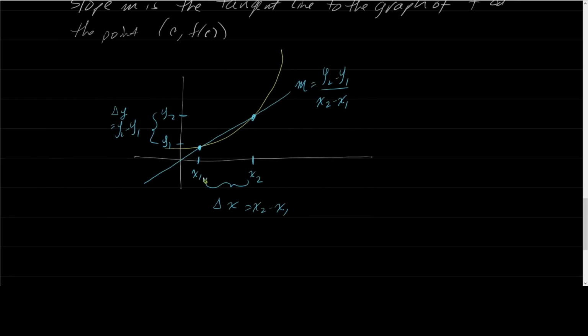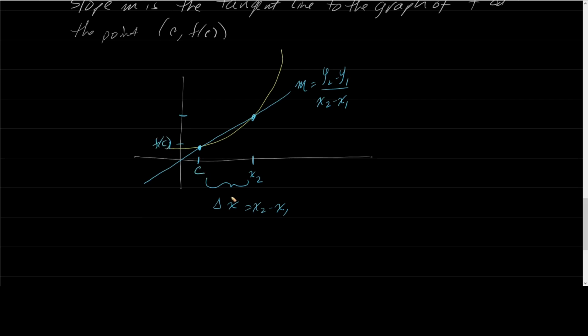So let's say that I called this first point, instead of x sub 1 comma y sub 1, let's say that I called it c comma, that point is c comma f of c.